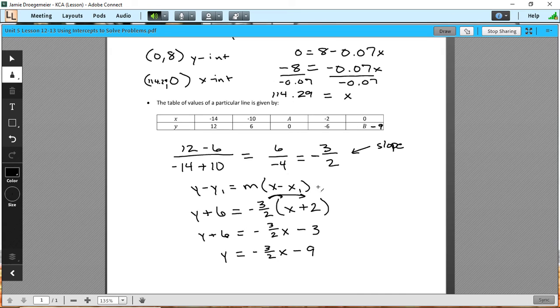For my x-intercept, I can find that by plugging in 0 for y to my equation and solving it for x. Well, to solve this for x, I need to get the x term by itself, so I'm going to add 9 to each side. So 9 equals -3/2 x. And then to get the x by itself, I need to divide by that -3/2, which is the same as multiplying by a -2/3.